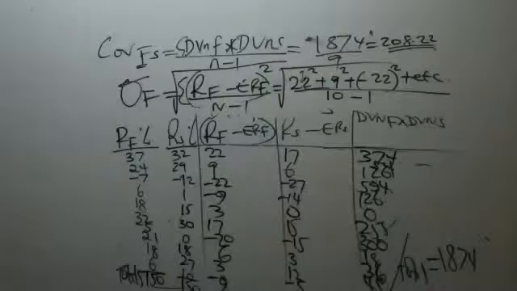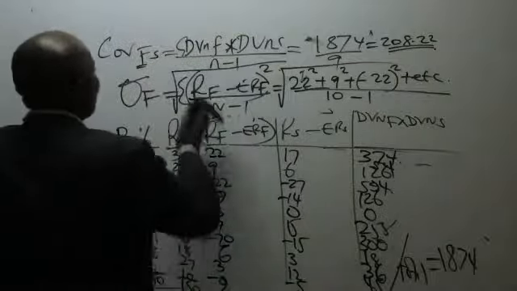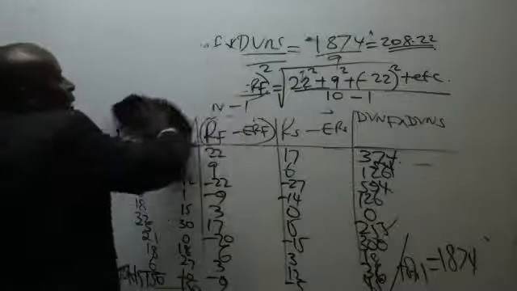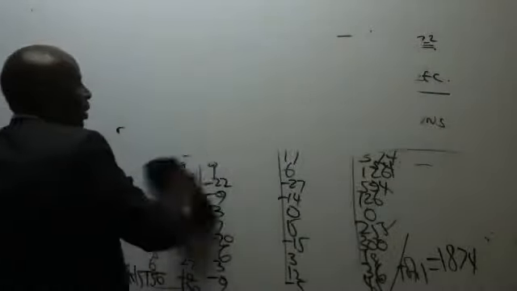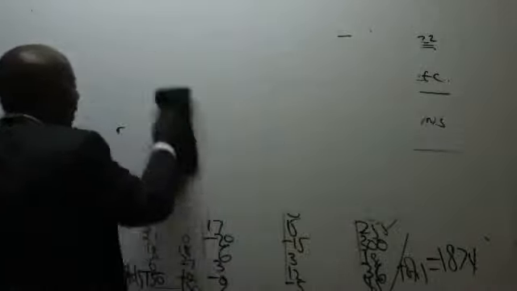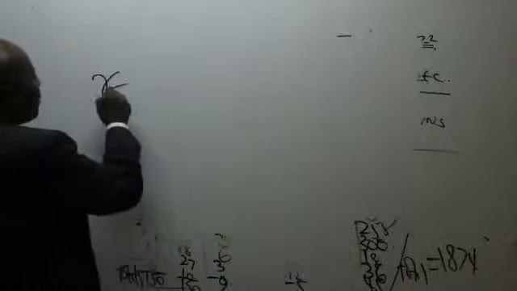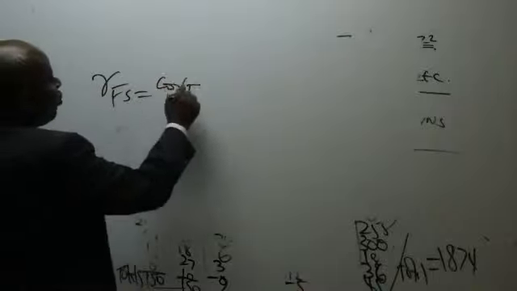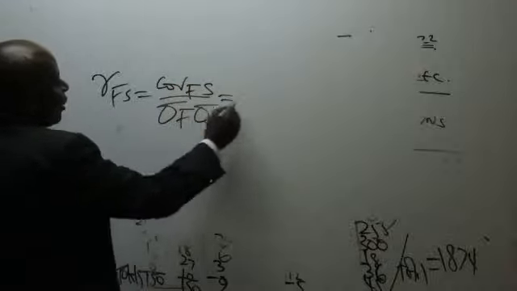No, we haven't finished. Remember, the moment you get the covariance and the standard deviations, it should not get lost on us. What this examiner wanted you to do was to get the correlation coefficient. To get this correlation coefficient between the two securities, take the covariance between the two, and then divide by the respective standard deviations.